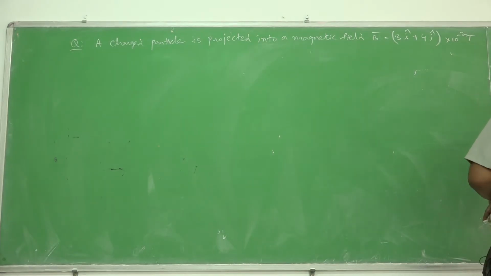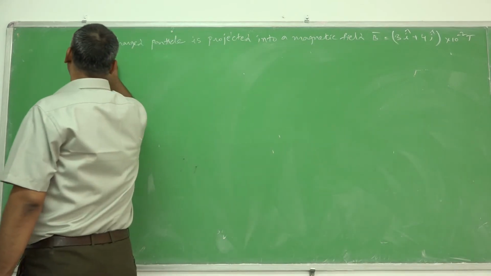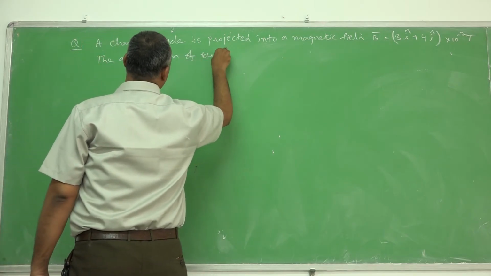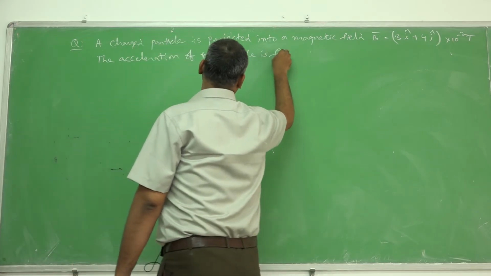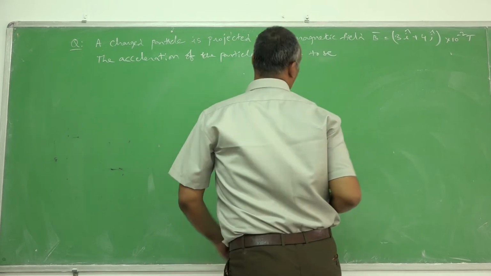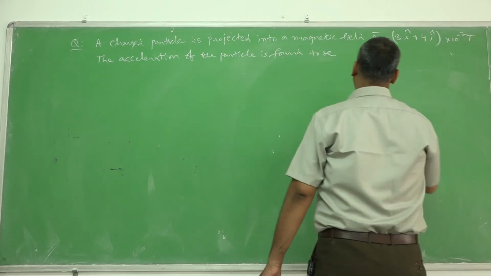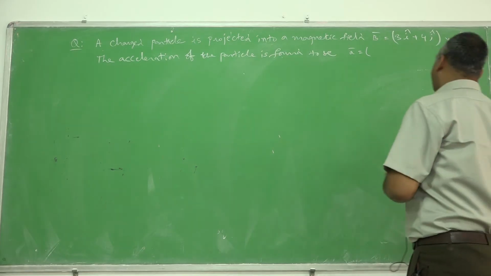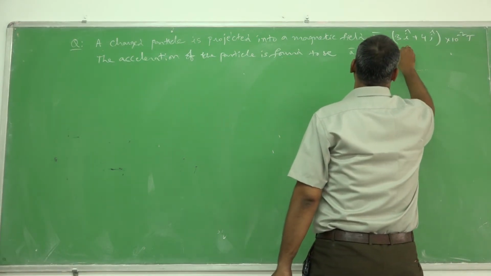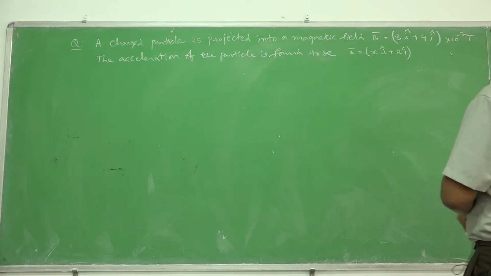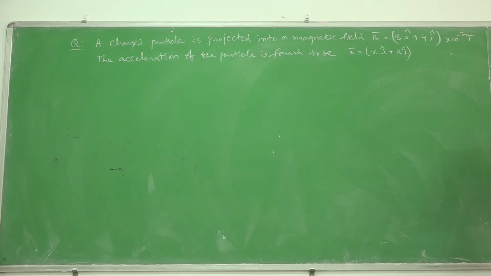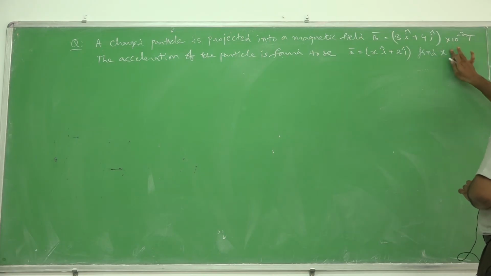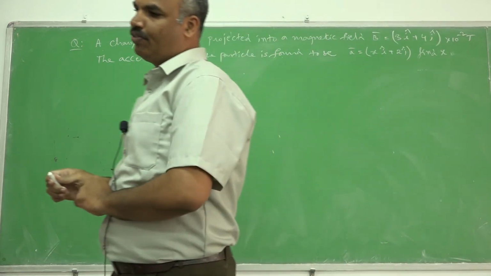The acceleration of the particle is found to be A bar is equal to x i cap plus 2j cap. Find x.